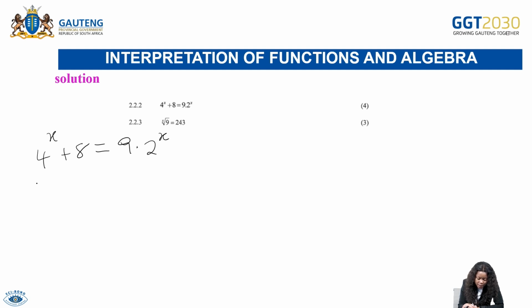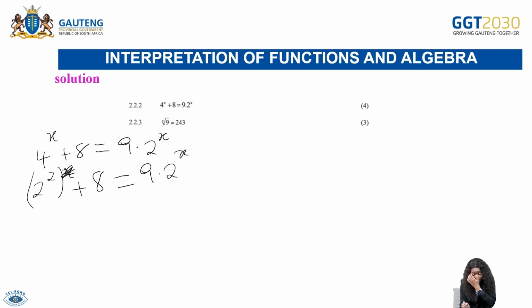So the 4, I write it as 2 to the exponent 2. But there is that exponent x. It's still there. You don't just throw it away. You still have plus 8, it's equals to the 9. I don't have to write it as a prime base as well. So I have 9 times 2 to the exponent x. Okay? So I'm interested in the exponent.